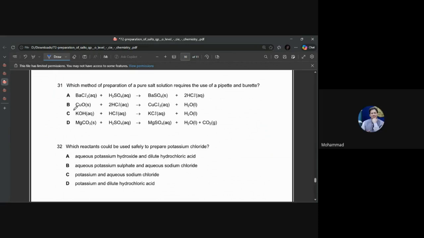To react solutions, yes, but in which type of reactions? Alkali, acid, aqueous method? Very good. When we are preparing using the titration method. Titration, yes. Which of these involves the preparation using titration? Option C. Very good. Excellent.